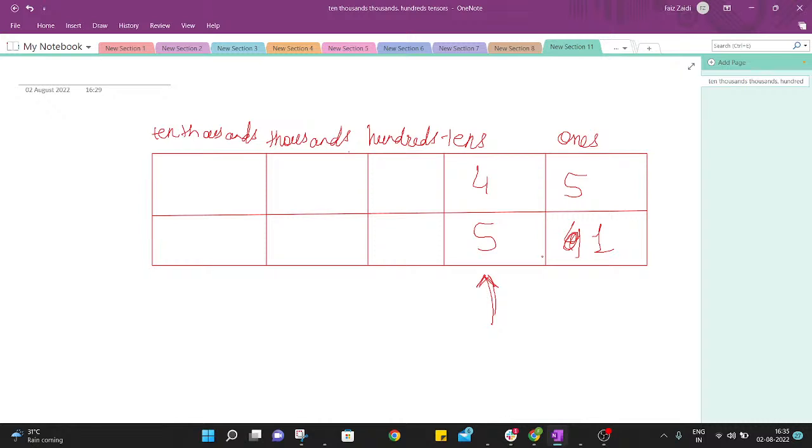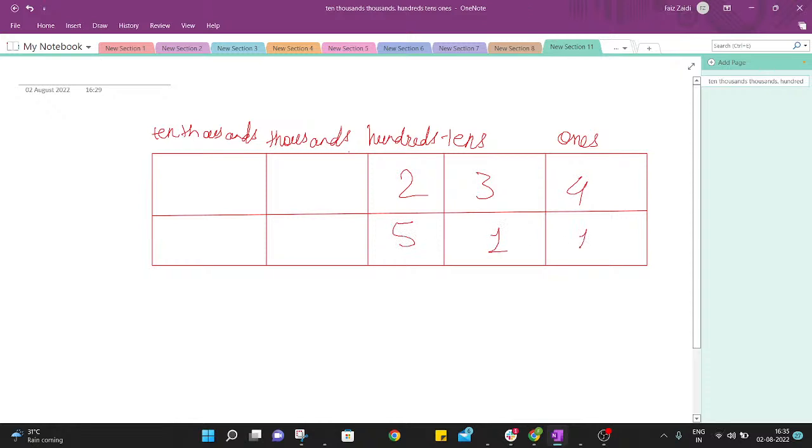Okay, now let me ask you one more similar kind of question. The question is 234 and 511. Please tell me which number is greater and which one is smaller. Is it 234 on the top or 511 on the bottom?